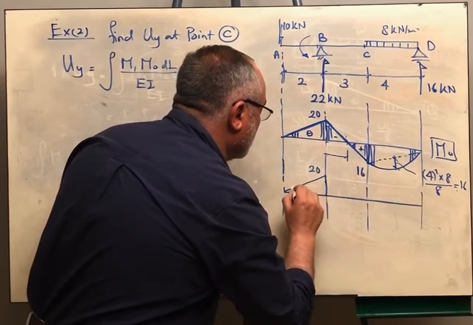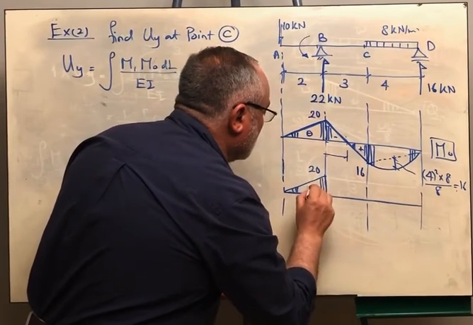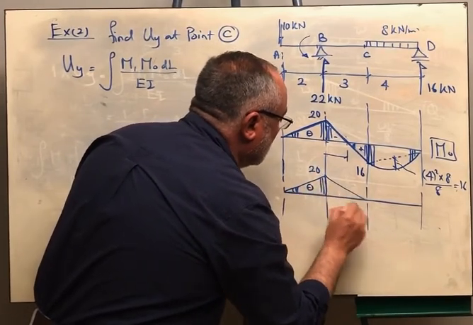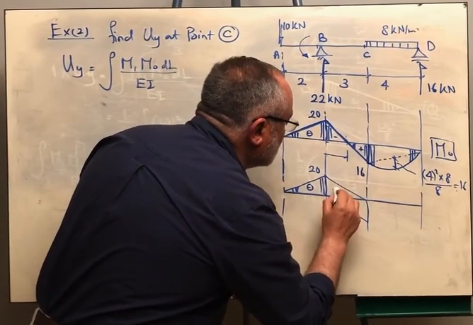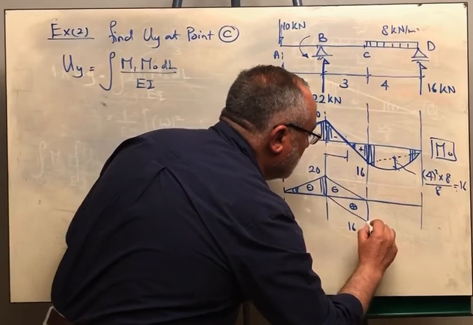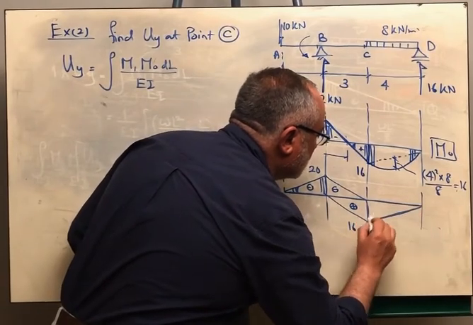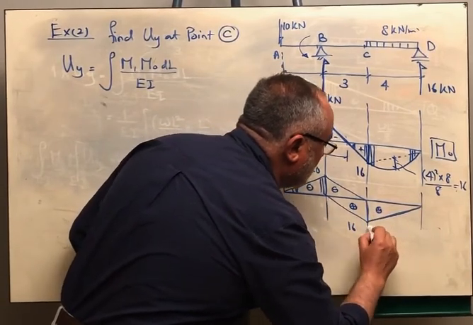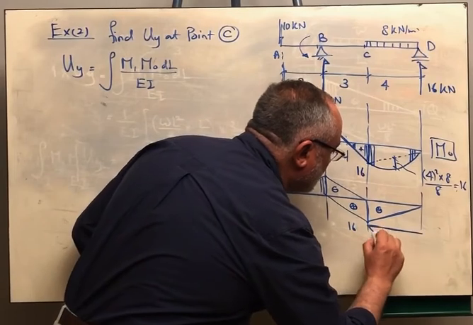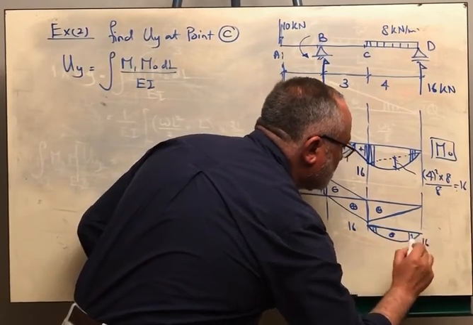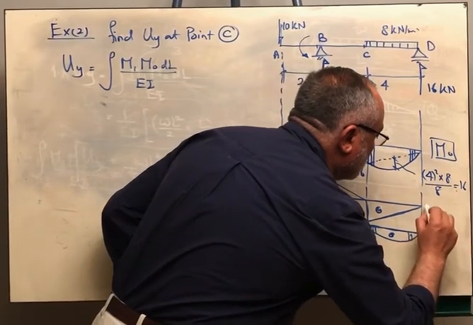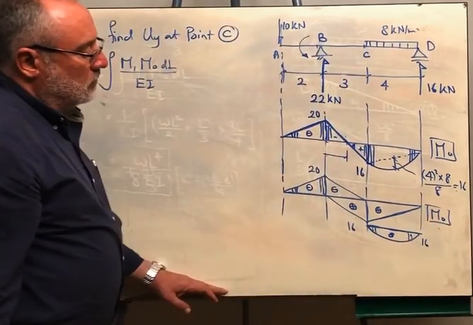This is 20 negative, and here this is 16, this is negative, and this is positive, and then this is a triangle positive, and superimposed on it a parabola like that, and this is 16. This is M naught. Okay?